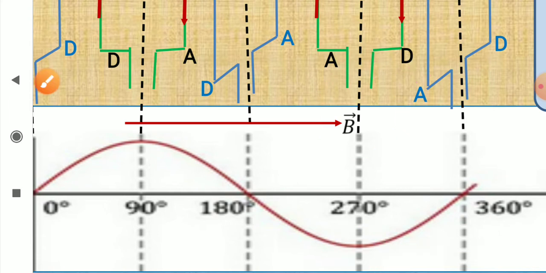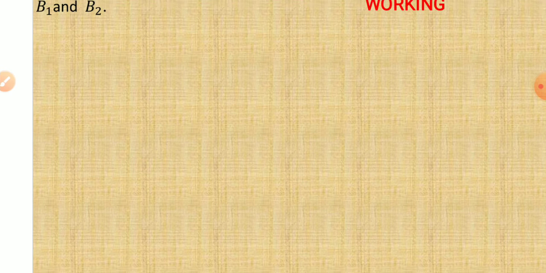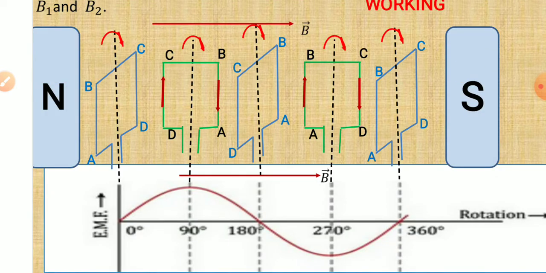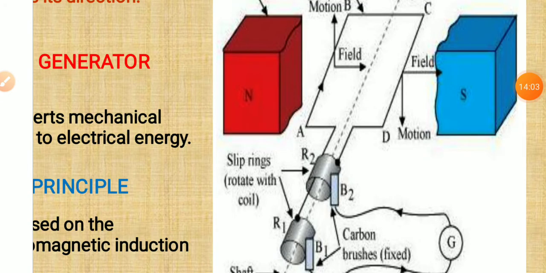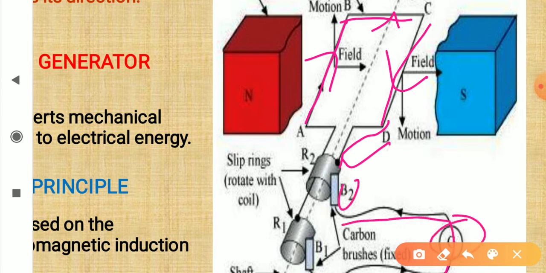And let's see what happens. Now in this situation, the current is moving from A to B, and taking this path, it is moving from C to D, and at D it is connected to R2, and from R2 it is connected to brush B2, and from B2 it goes to the external load or galvanometer, and it comes to B1, and from B1 it is connected to R1, then R1 is connected to A, and the circuit is complete.